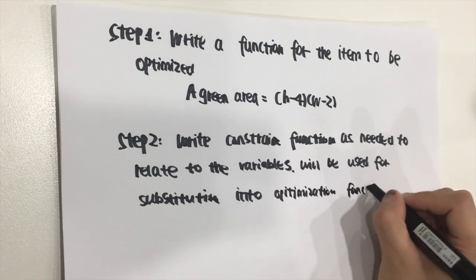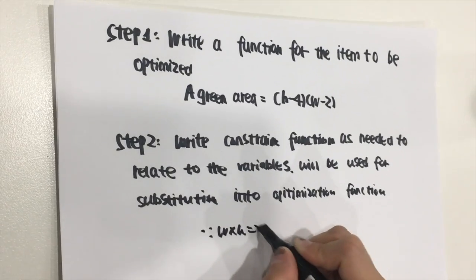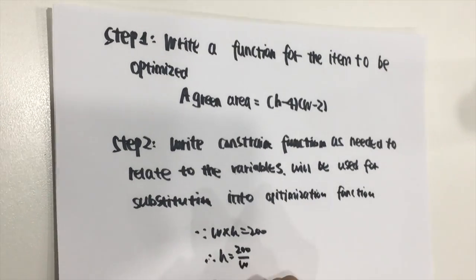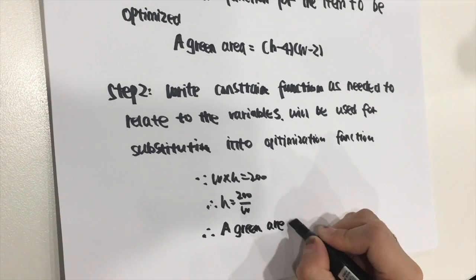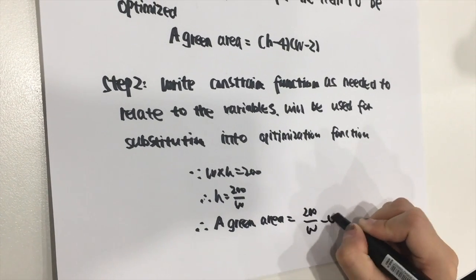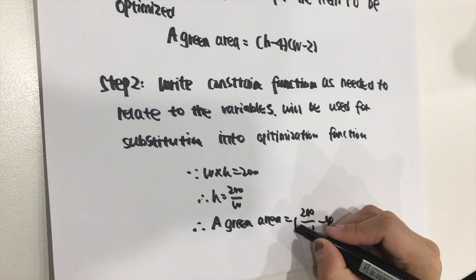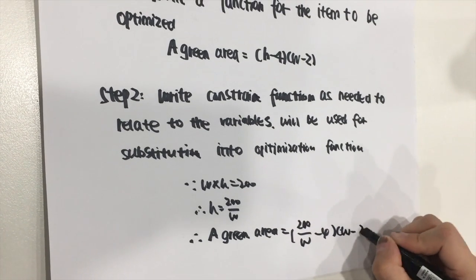Showing the background, the total area is 200. So height times width is 200, which also means height is equal to 200 divided by width. We substitute height into the function we got before. The space of green area is 200 divided by width minus 4 times width minus 2.